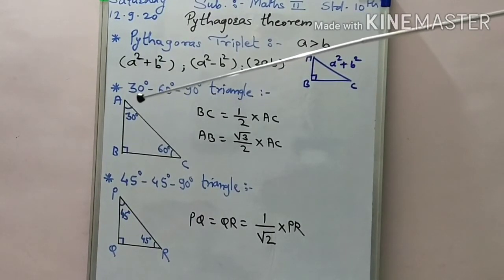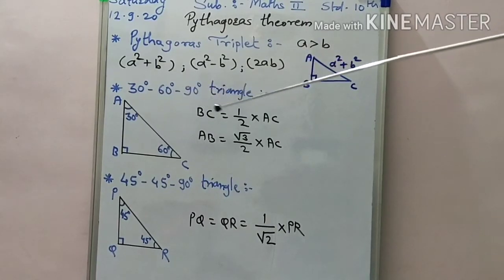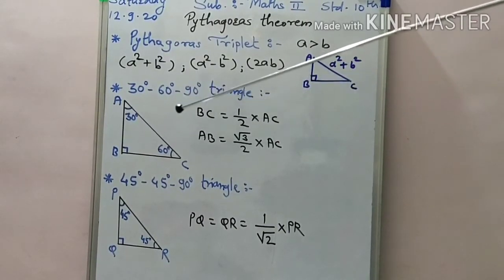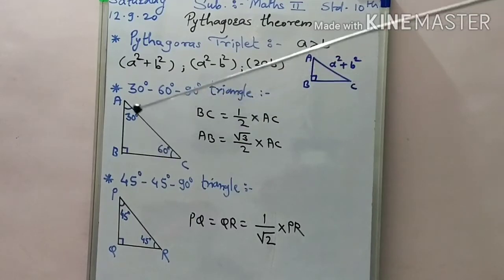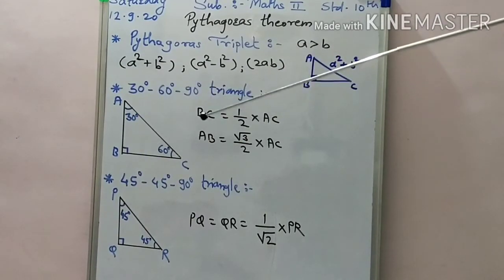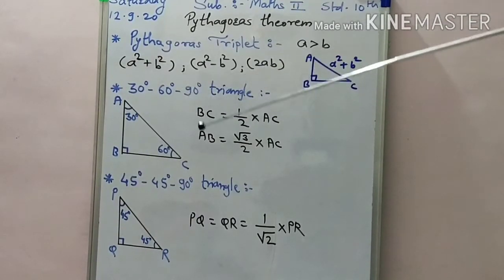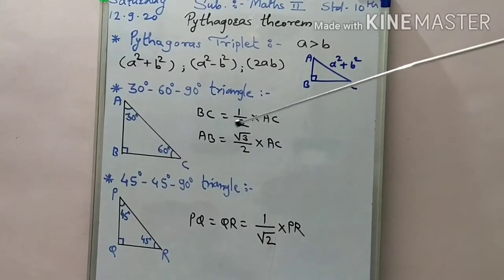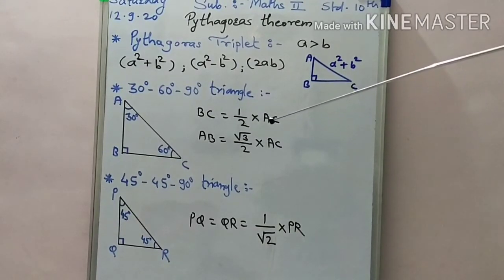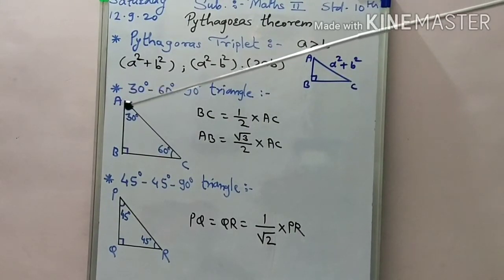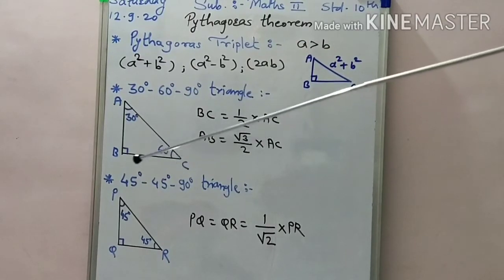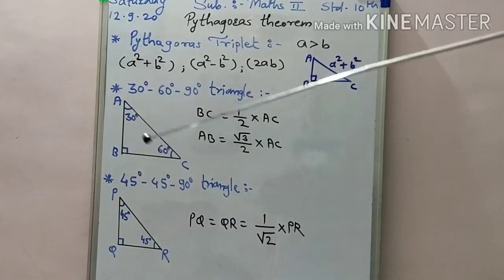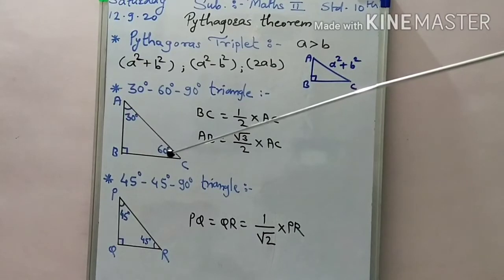So next is the 30 degree, 60 degree, 90 degree triangle. In our Google Meet lecture we already discussed this, and we already have this theorem in our 9th standard also, that the side opposite to the 30 degree angle is always half of the hypotenuse. According to this right angle triangle ABC, where B is a right angle, angle A is 30 degree, angle C is 60 degree.